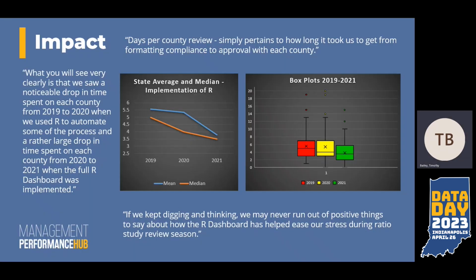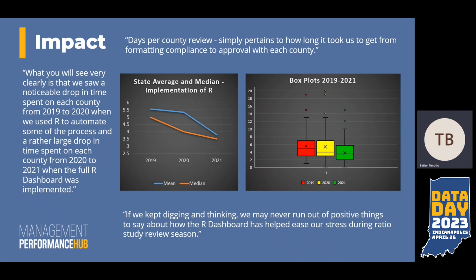So all of that added up to pretty great impact. The DLGF measures the days from the county submission to when they've successfully passed and can send back to the county. So you can see the mean days and median from 2019 to 2020 and 2021, as well as a box plot.